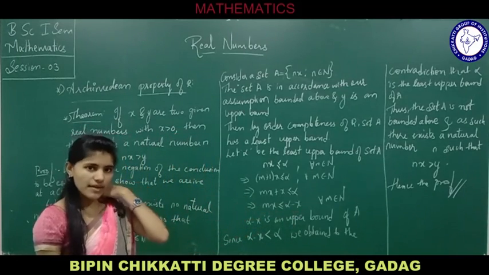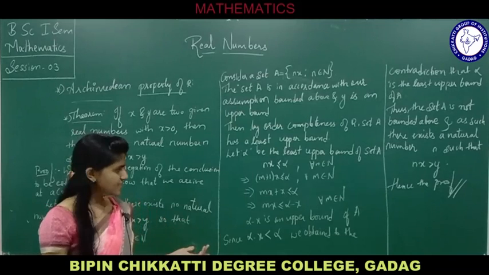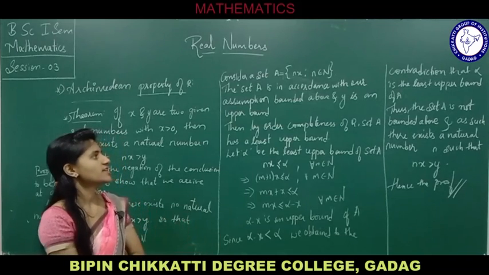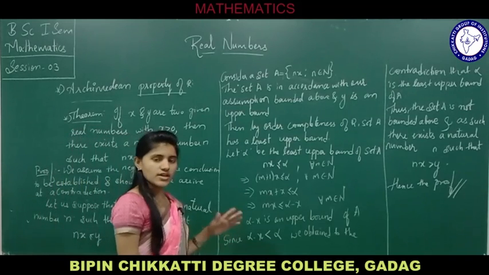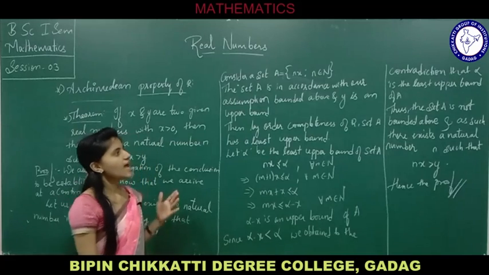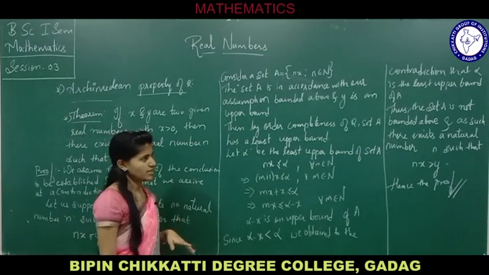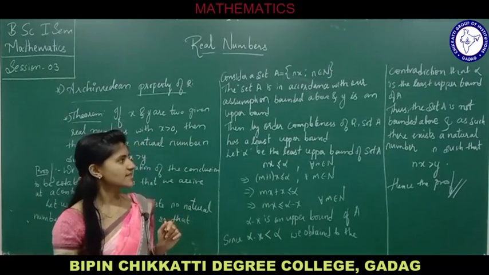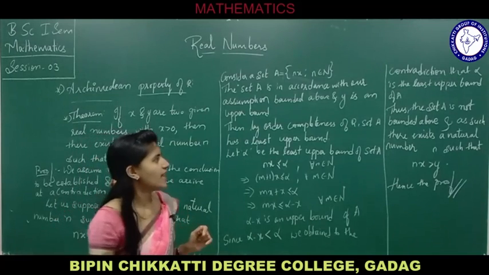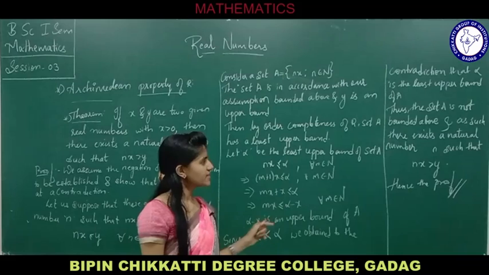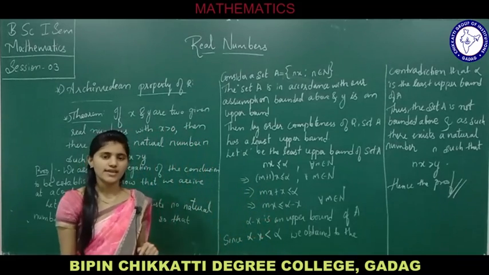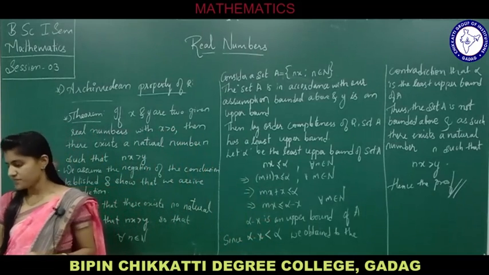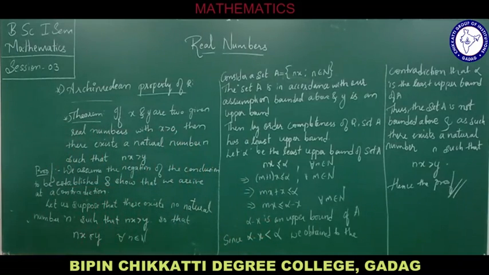Since alpha minus x is obviously less than alpha, we came to the contradiction that alpha is the least upper bound of A. Hence the set A is not bounded above, so there exists a natural number n such that n into x is greater than y. I hope you have understood this Archimedean property of real numbers.